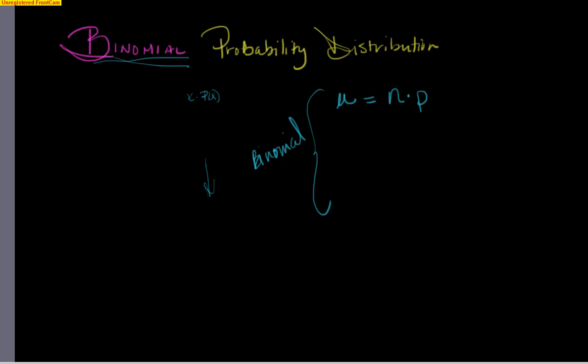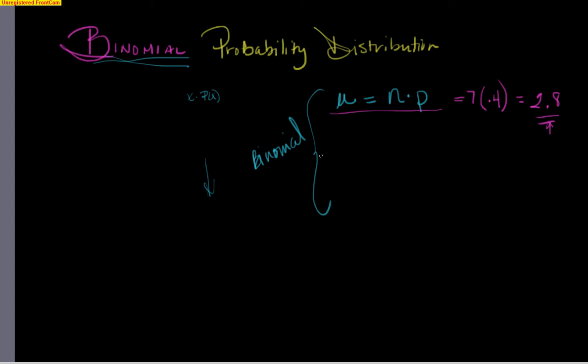All right, which for this problem, n was 7. Remember, we had 7 houses, times p, which was 0.4. And that equals, if you do that on your calculator, 7 times 0.4, which is 2.8. She can expect to sell 2.8 houses. Now, she's not going to sell exactly that, but that's the average.